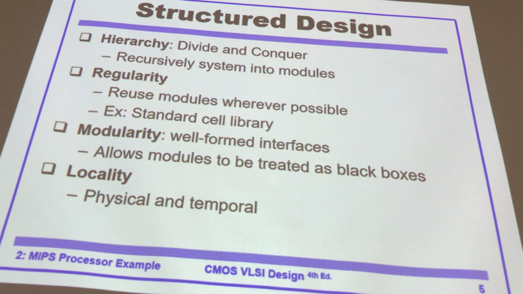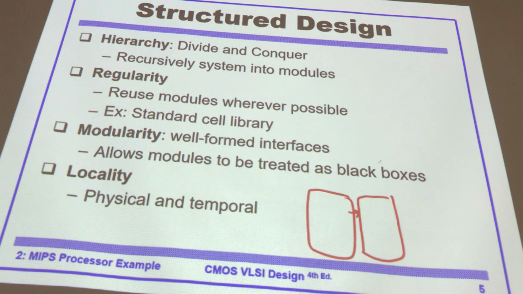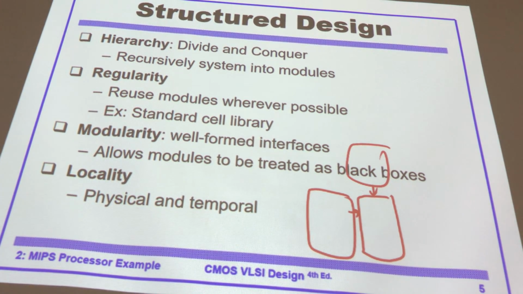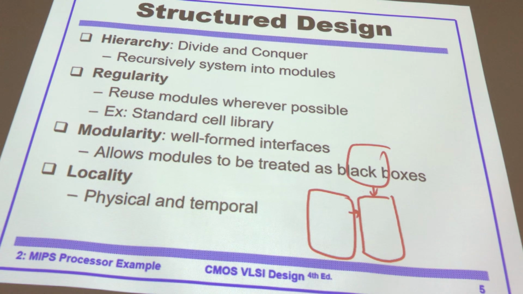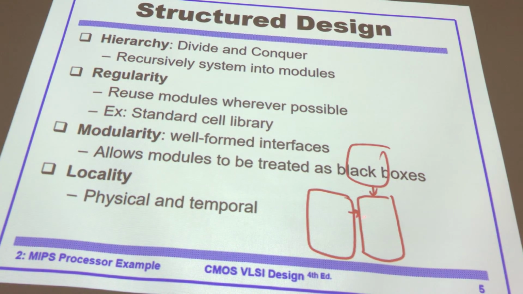What does it mean? Physical locality means that hopefully when this module produces some data, it will be used by the memory module locally. We compute something, and the result, hopefully, is used by the memory module.